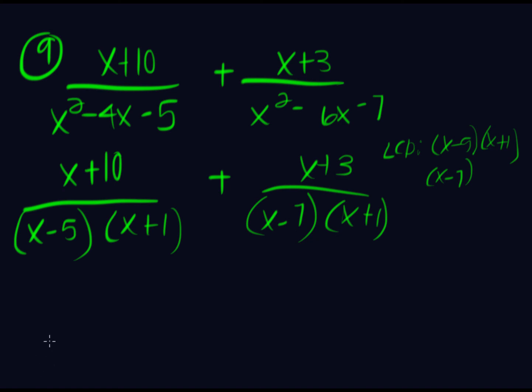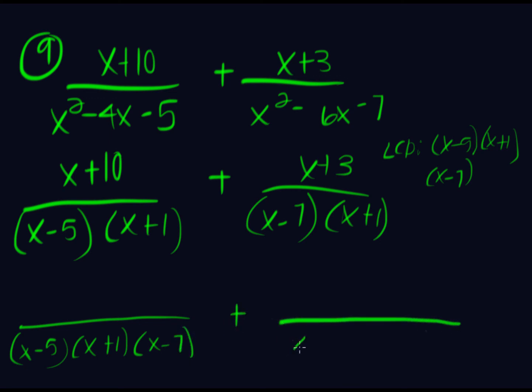So I want to make these expressions have denominators of x minus 5 times x plus 1 times x minus 7. In that first expression, our denominator was x minus 5 times x plus 1. It's missing an x minus 7.